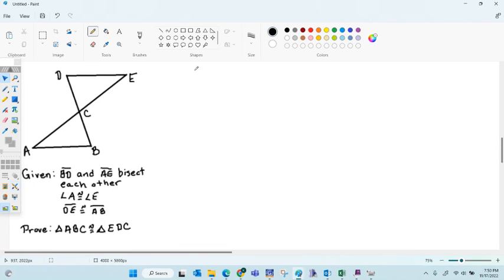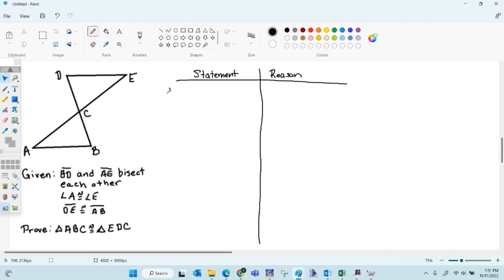So what we're going to do is make a statement and reason column. You need to follow along as we go.